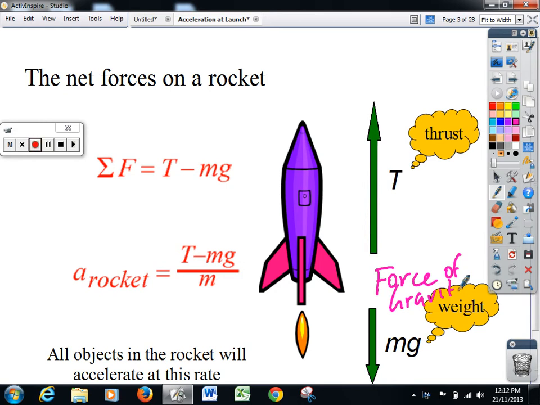And we know that the force of gravity is given by mass times the gravitational acceleration, which is 9.8. So just to work out the total overall forces, this is the net force on a rocket. The net force on a rocket would be the vertical thrust force, this is the T here, minus the weight force, mg.